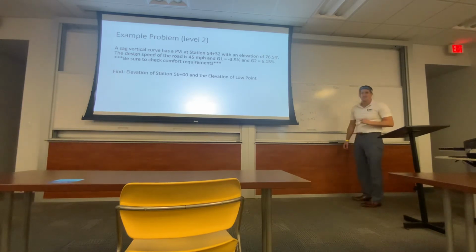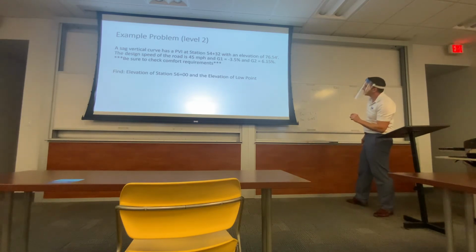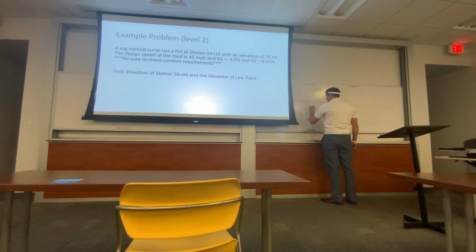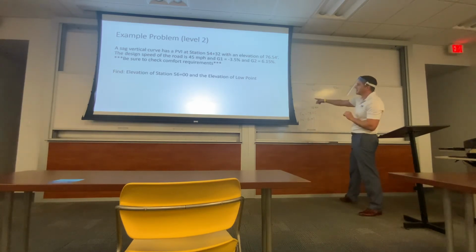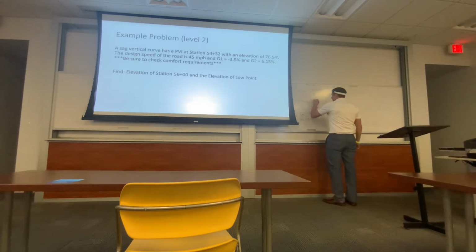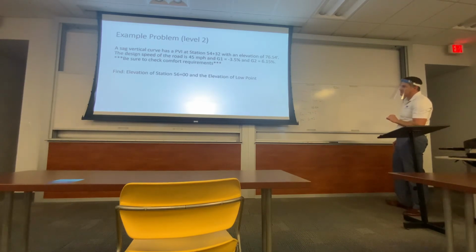Okay, good. And YPVI should be given here as 76.54. And PVI is 54 plus 32. Good. Okay, find the station for 5600 and the elevation of the low point.